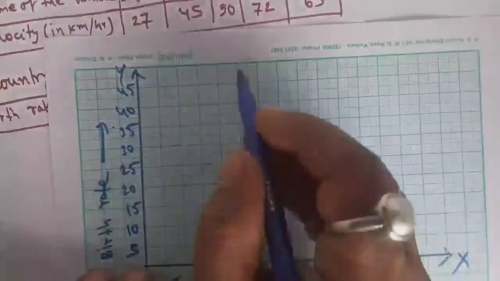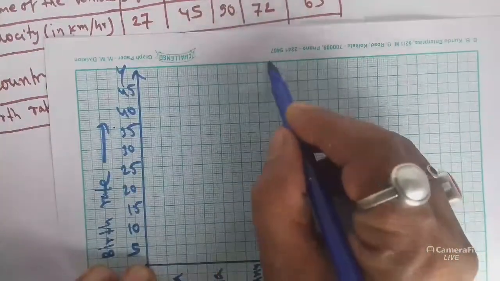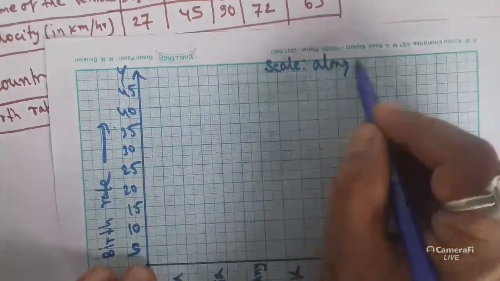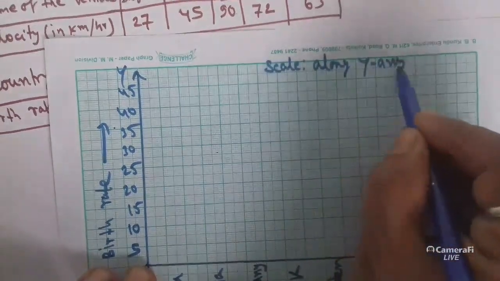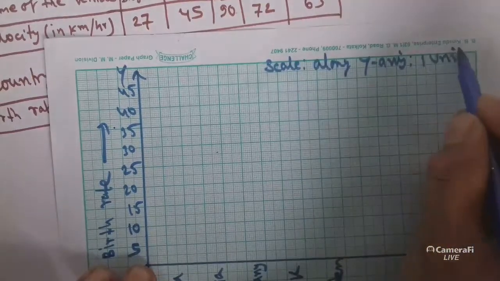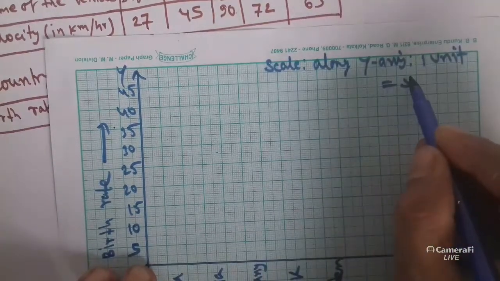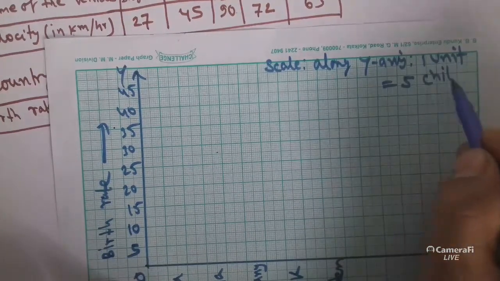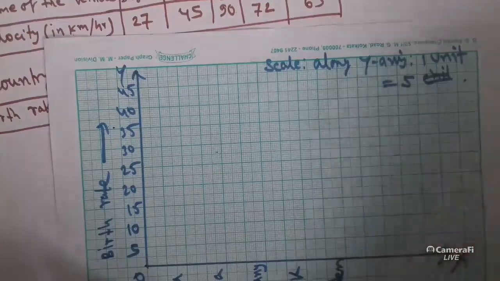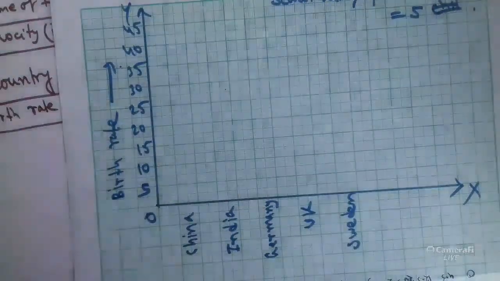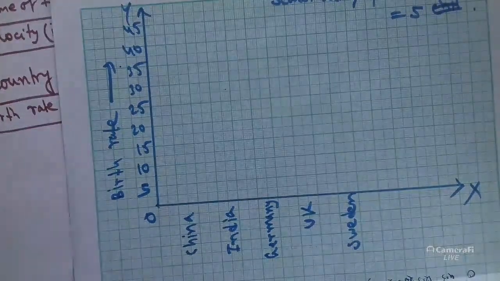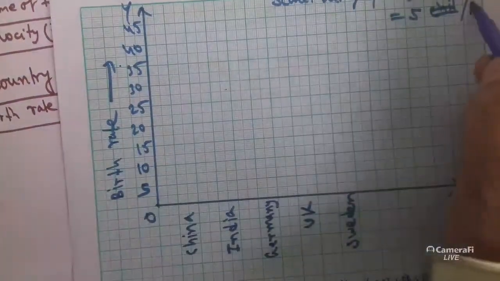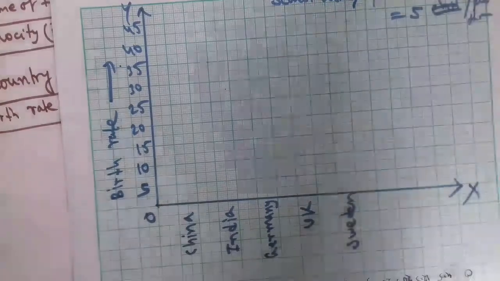And here we have to write the scale which we have already chosen, along the y-axis: 1 unit is equal to 5 children or 5 babies. Whatever you want you can write. 5 per thousand.